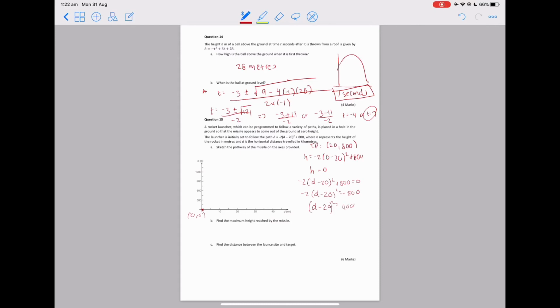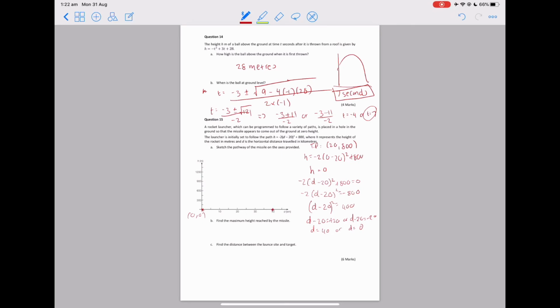And what we'll do now is we'll take the square root of both sides. So if you do this, it will be d minus 20 is equal to positive 20, or d minus 20 is equal to negative 20. What we'll do now is we'll add 20 to both sides to solve for d. Hence, d would equal 40, or d is equal to 0. Okay, so therefore this is going to be another x-intercept.